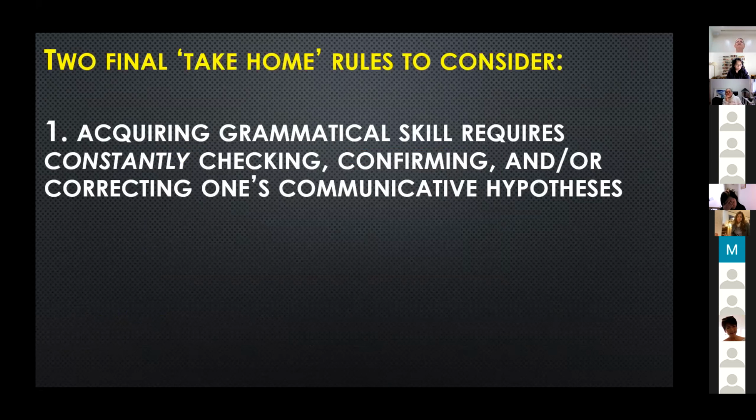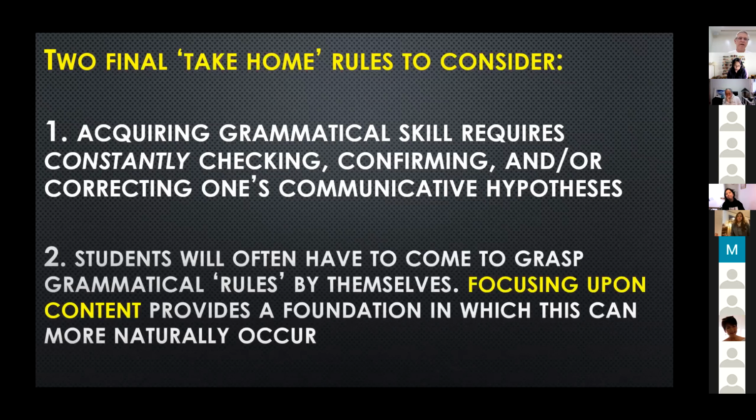However, even then, we can't expect that because we taught the students the past tense that they're suddenly going to know or understand how it works. Acquiring grammatical skill requires constantly checking, confirming, and correcting one's communicative hypotheses. Every time a student speaks, they're making a hypothesis, that is, they'll be checking and confirming.